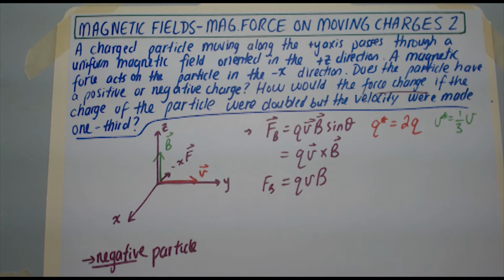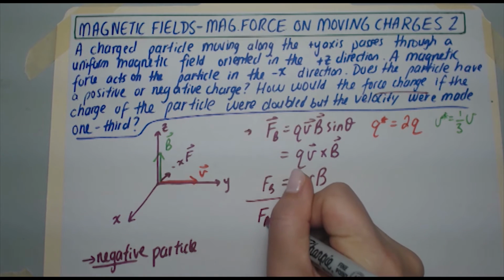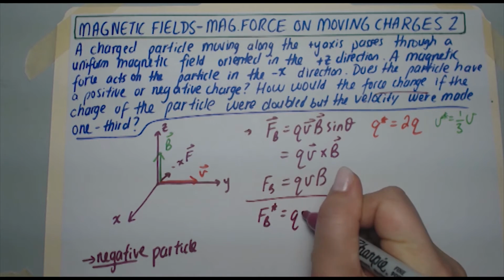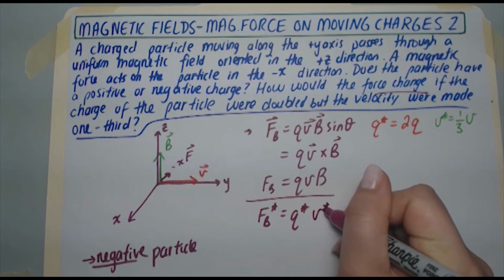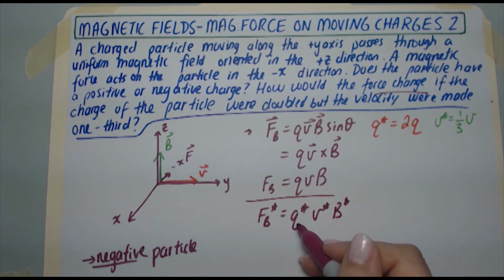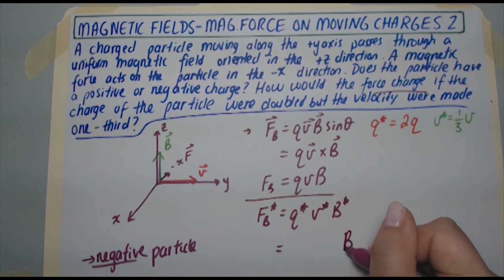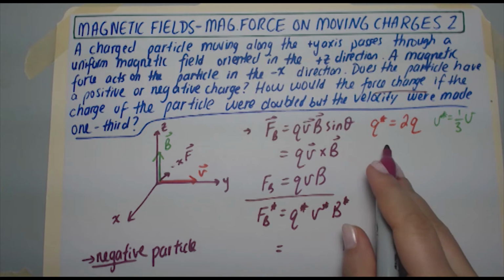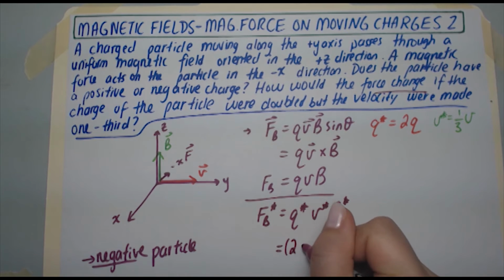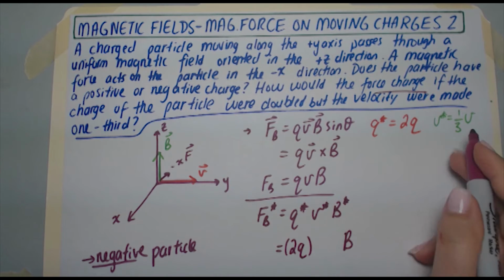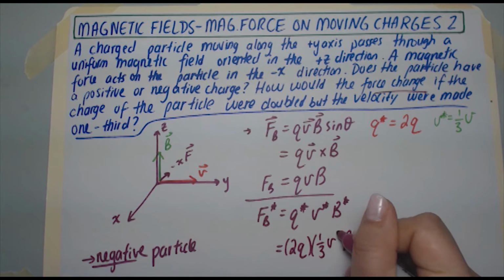Now, when I calculate my new magnetic force, FB star, it's going to include Q star, V star, and B star. New charge, new speed, new magnetic field. Now, my magnetic field hasn't changed. So I'm going to leave that as B. But my new charge is twice my old charge, and my speed is 1/3 my old speed.